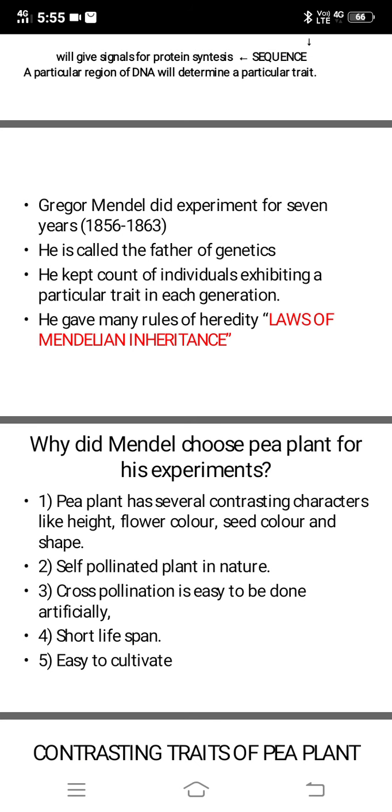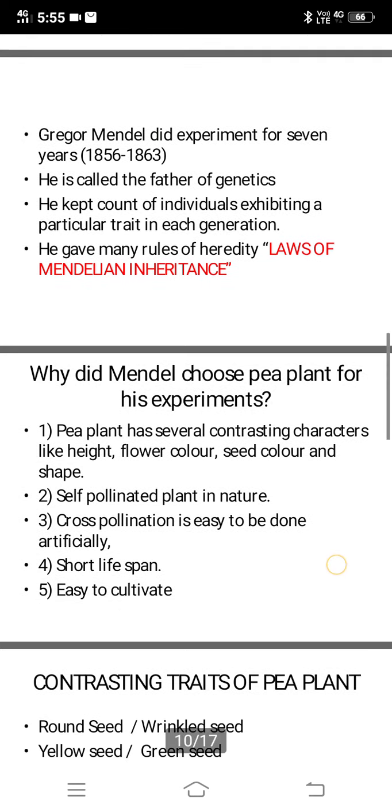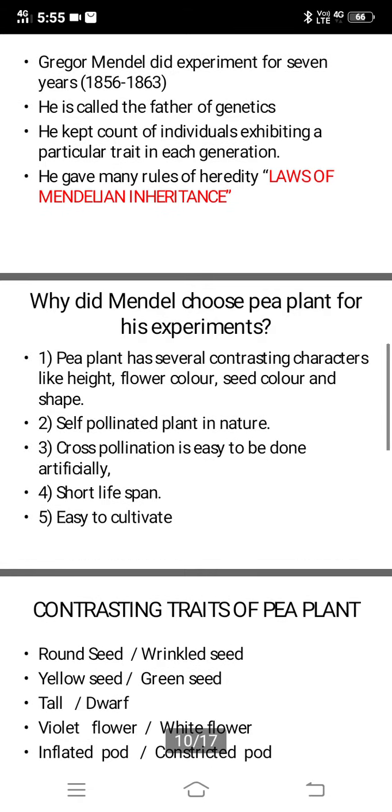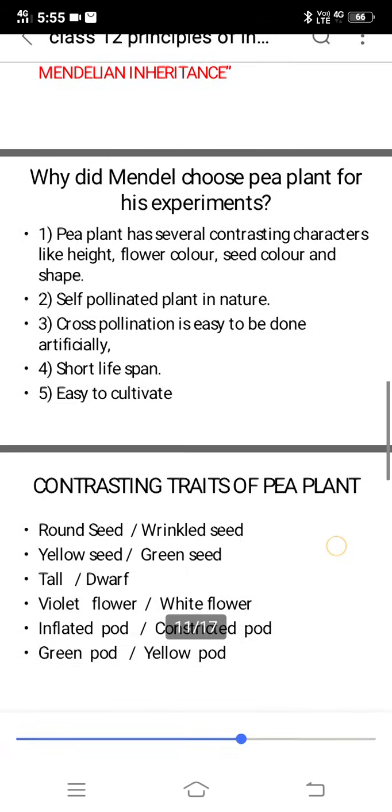Cross-pollination is easy to do artificially. They have a short lifespan, so there was no need to spend a lot of time in their study, and they were easy to cultivate. So what are the contrasting traits of the pea plant?